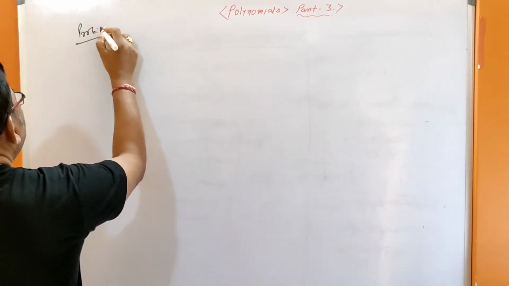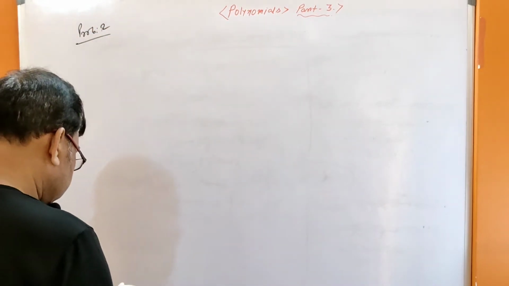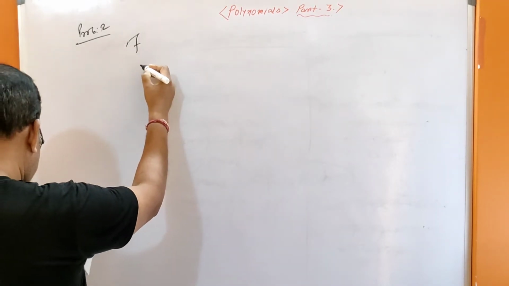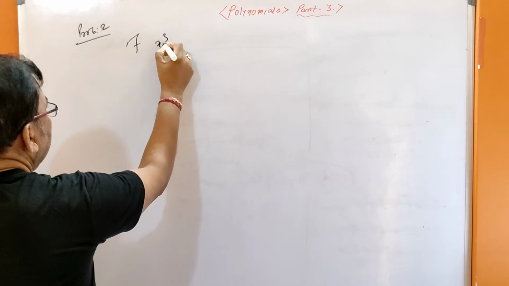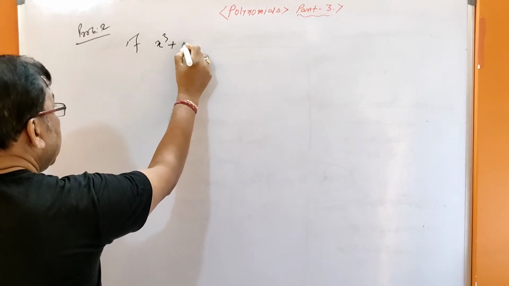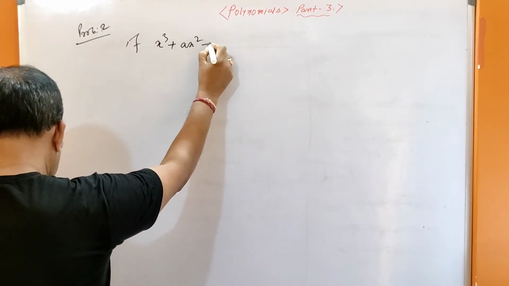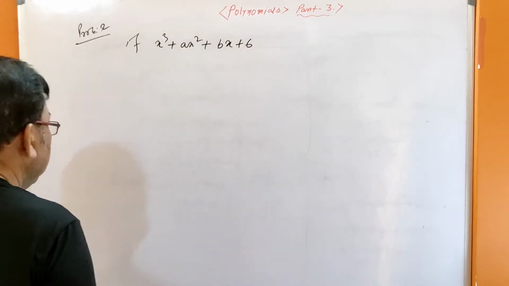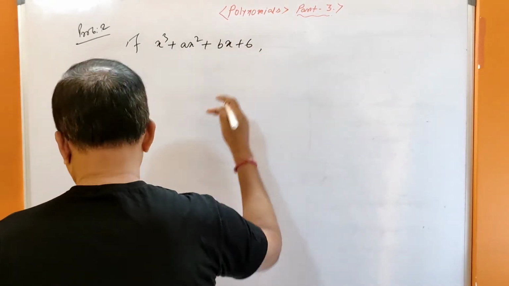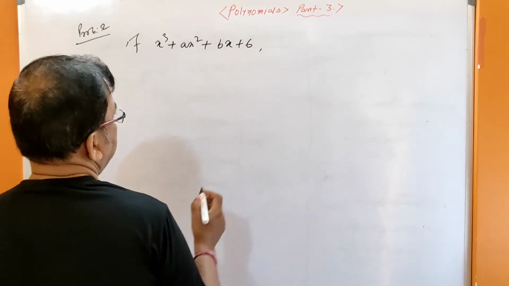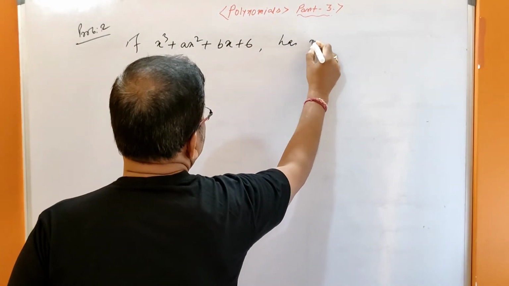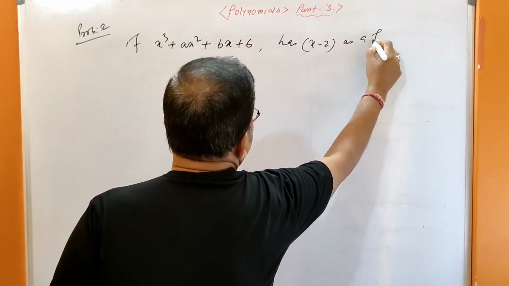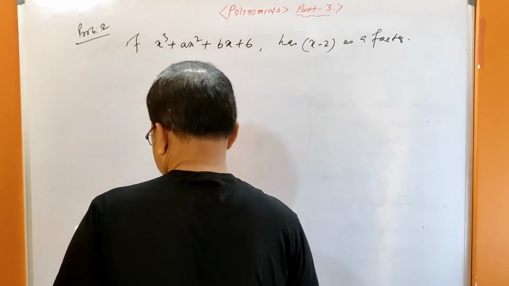Problem number 2, second type. Suppose x cube plus ax squared plus bx plus 6 has x minus 2 as a factor. Clear?